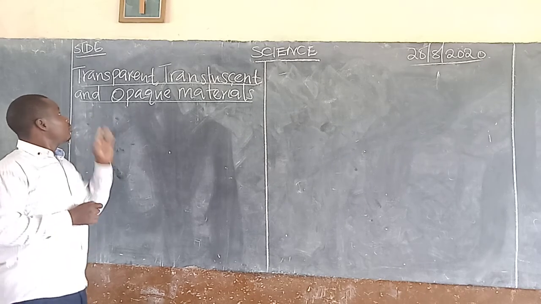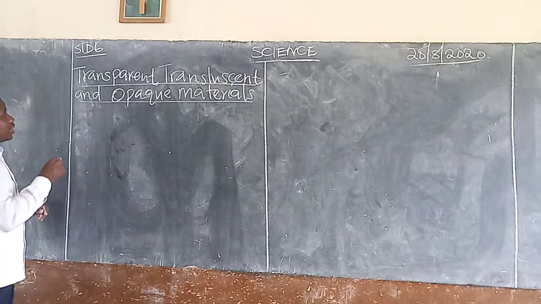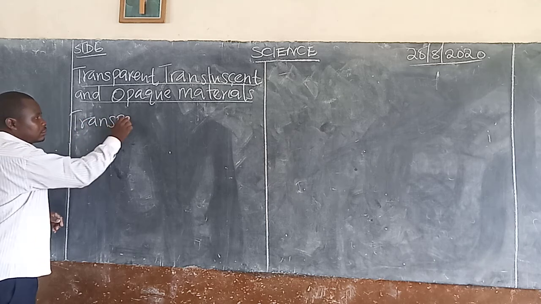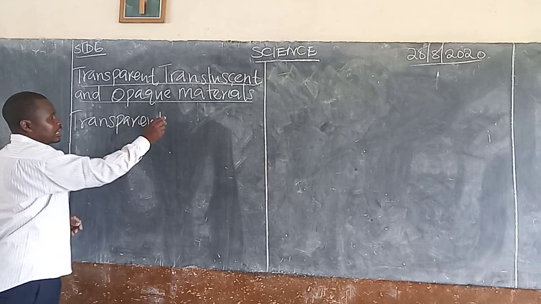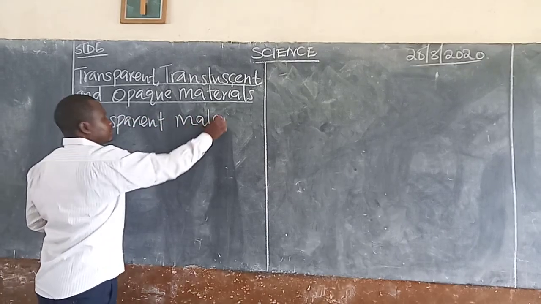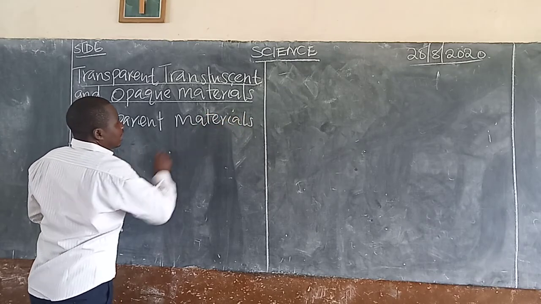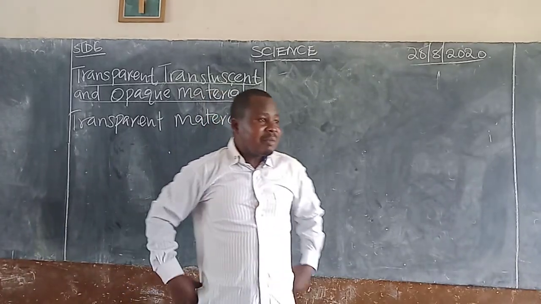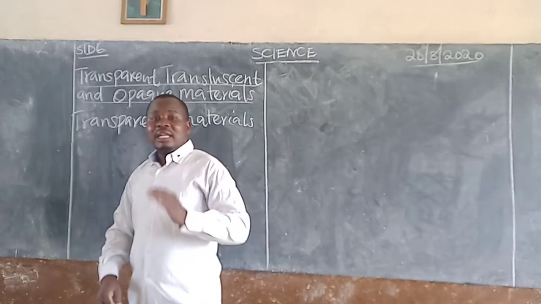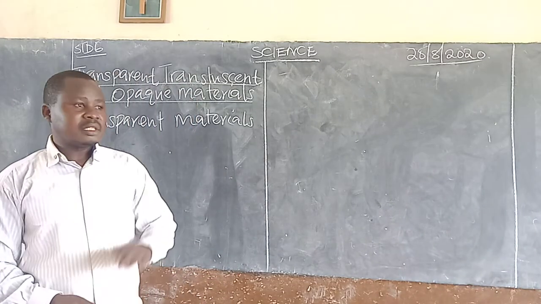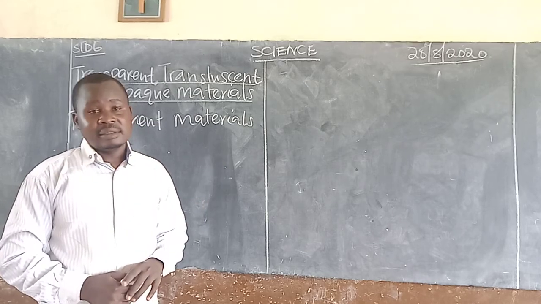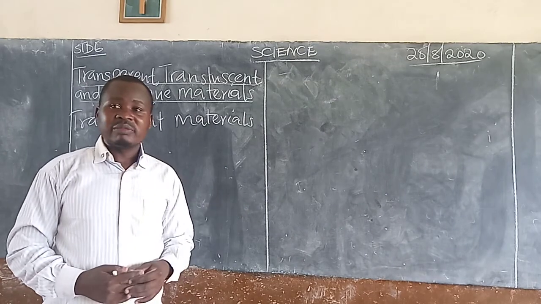For example, when you say transparent materials, I know this is not a new thing to you. Transparent materials are materials that light can pass through, and then you see things clearly. So that is what we call transparent materials.